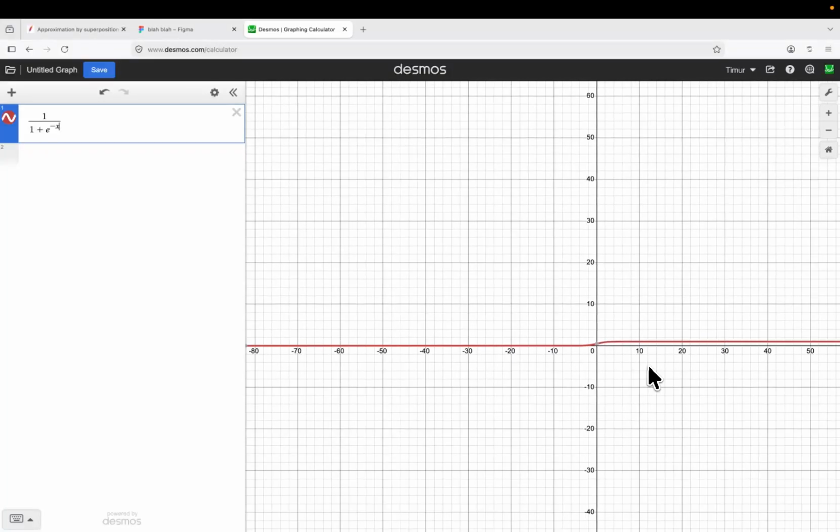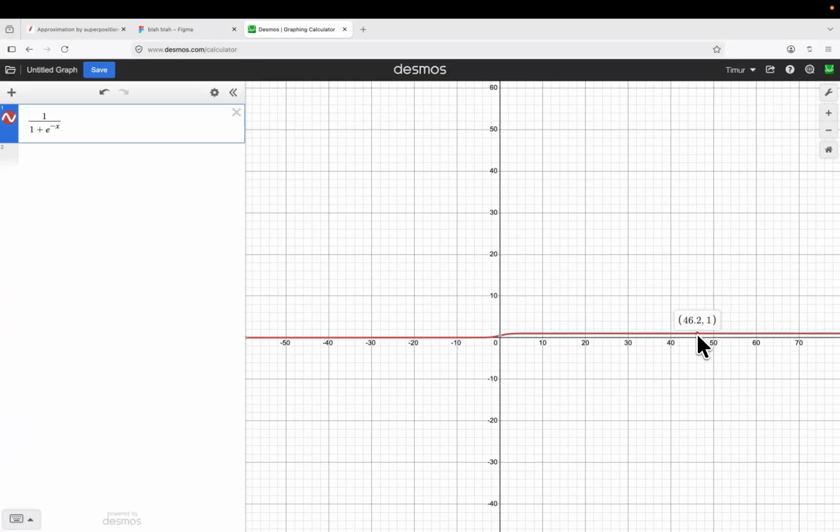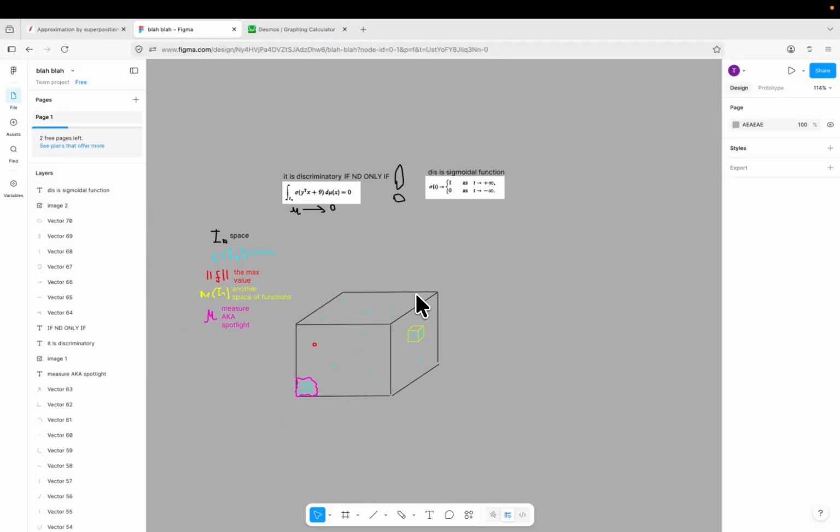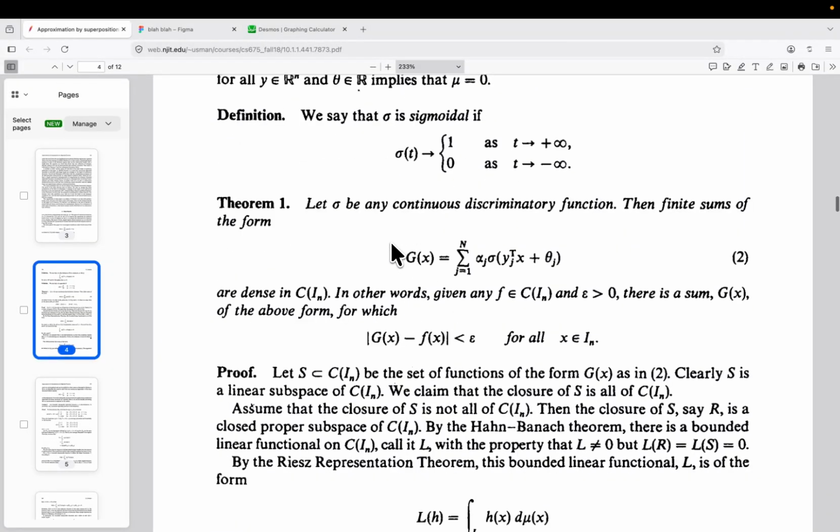Basically when our value goes to plus infinity we get 1, and when our value goes to negative infinity, we get 0. So when x goes to plus infinity, it's 1. When x goes to negative infinity, as a limit, we get 0. That's it. Not complicated at all, is it?